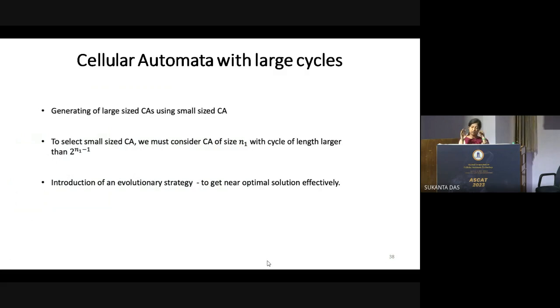We consider only those CAs whose cycle lengths are greater than 2 to the power n minus 1, and after that we concatenate. Even after concatenation, it's not guaranteed we always get a large length cycle. So we concatenate in such a manner that the cycle lengths are co-prime. In that case we use an evolutionary strategy, which is just some variant of a genetic algorithm.